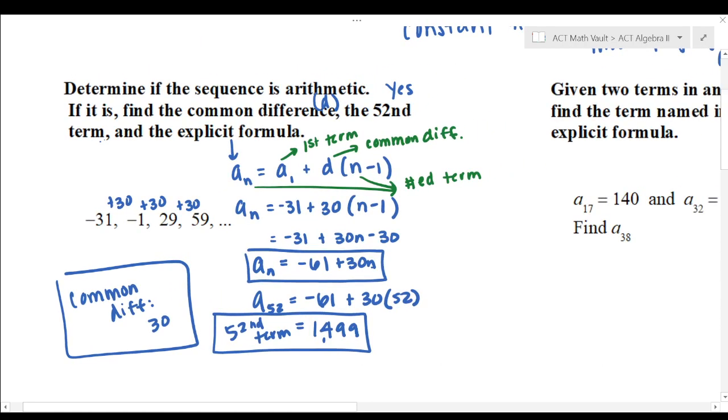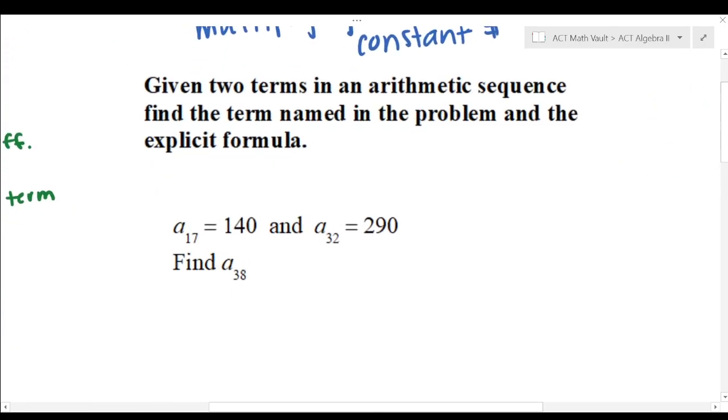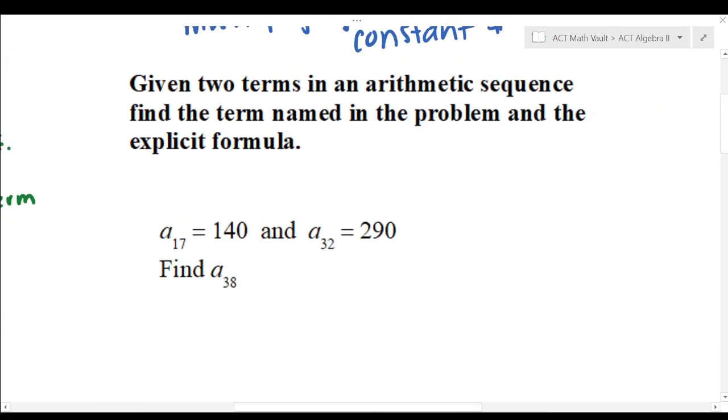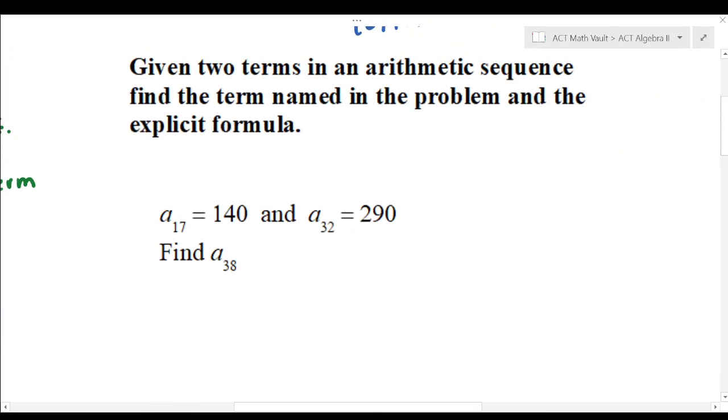Now, you could be asked any of those smaller questions, but the hard one that I've seen before towards the end of the test is something like this, where they say, okay, here is the 17th term, and here's the 32nd term. Find the 38th term.